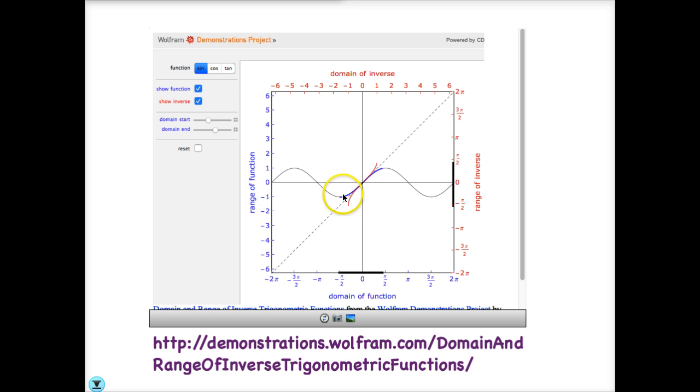So in order to have an inverse of our trig functions, we have to restrict the domain. We want to restrict the domain as close to 0 as possible. So this is how we restrict the sine function.